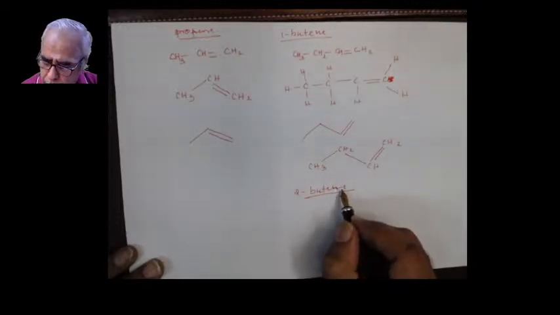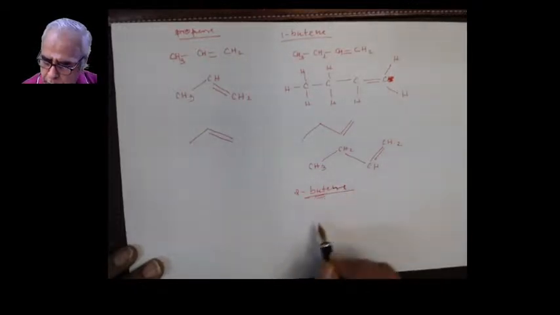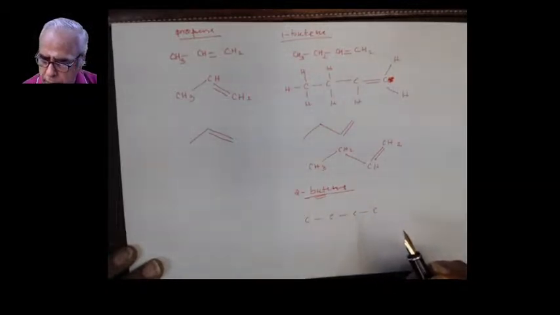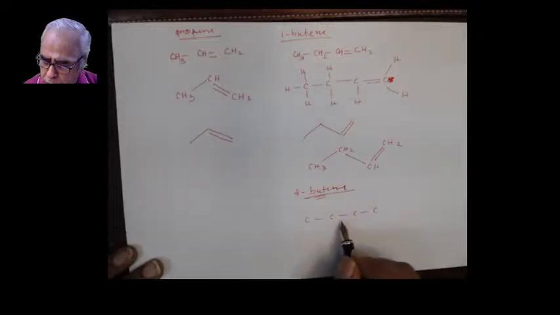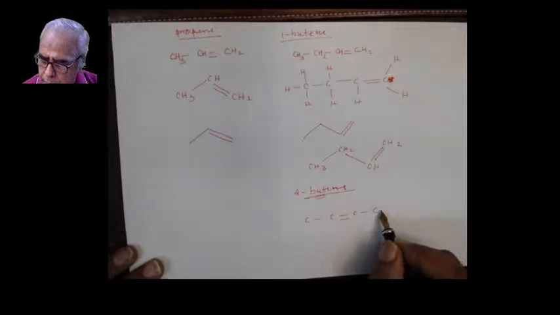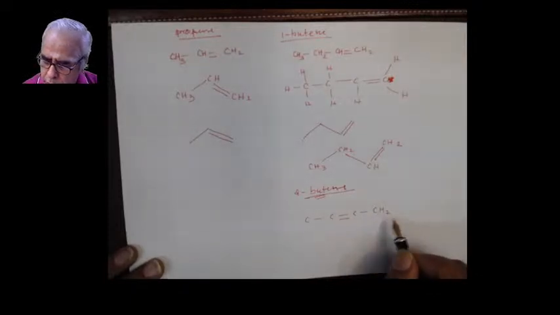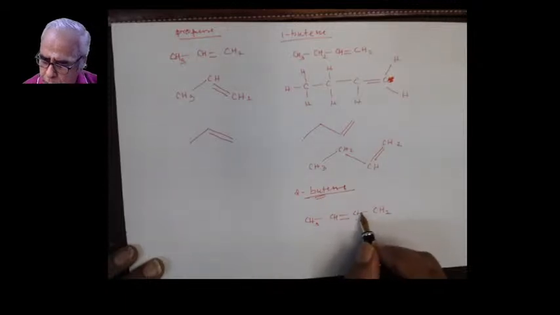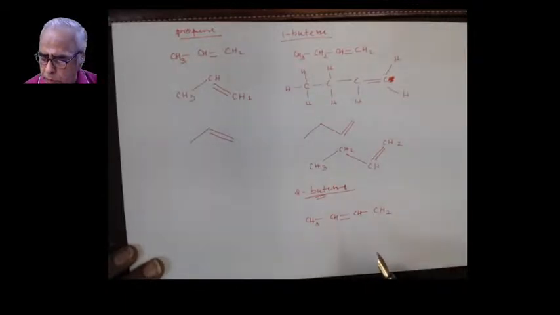2-butene means buta, 4 carbon atoms, and ene, the double bond is there, and where is the position? Second position. So from here it is second. Now you can write down CH3 CH CH, got it? And this is CH3.